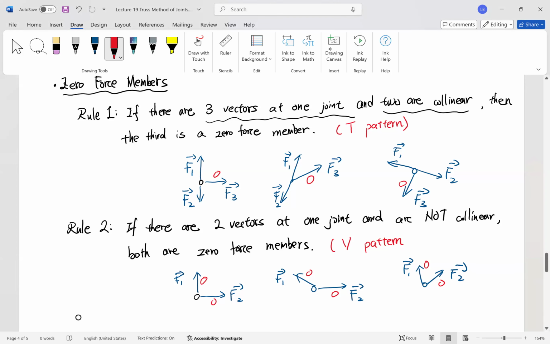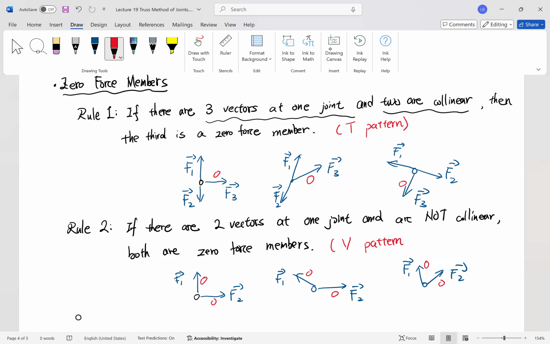So if it is a T pattern, then the third force that is not collinear with the first two should be zero. And if it is a V pattern, then both of the two forces should be zero. It should be noted that when we say there are two or three forces at a joint, that means we also include the potential reaction forces as well as external forces.